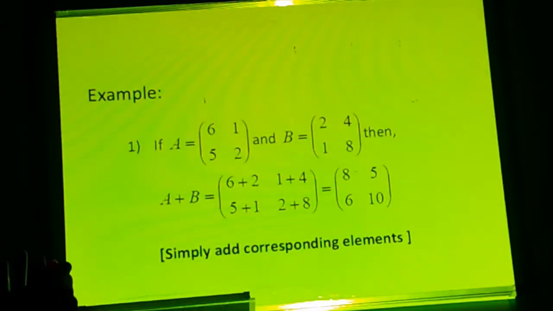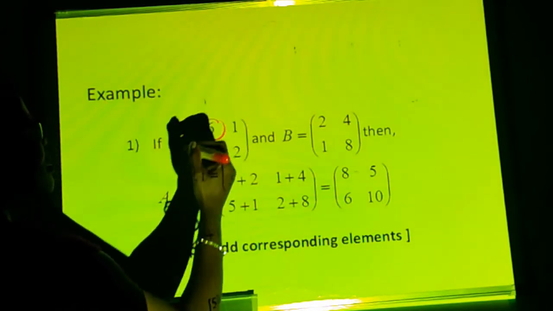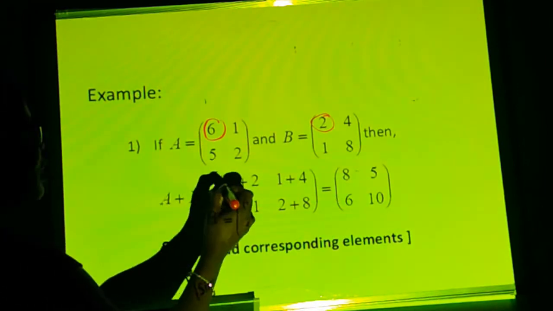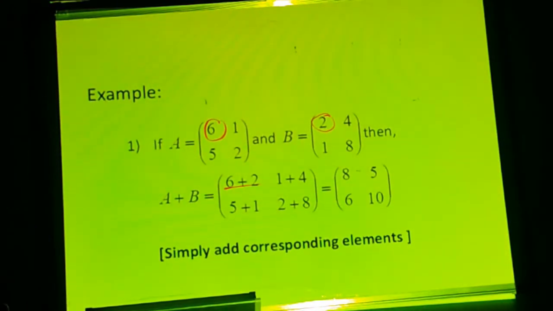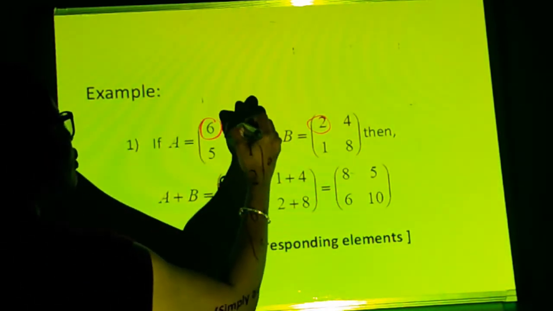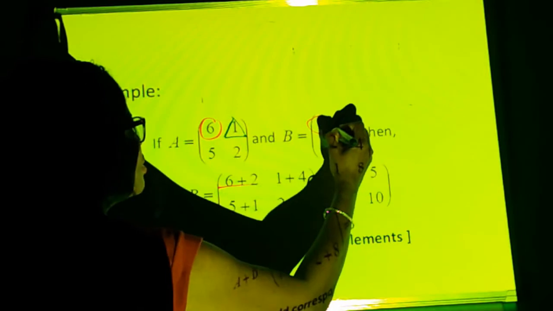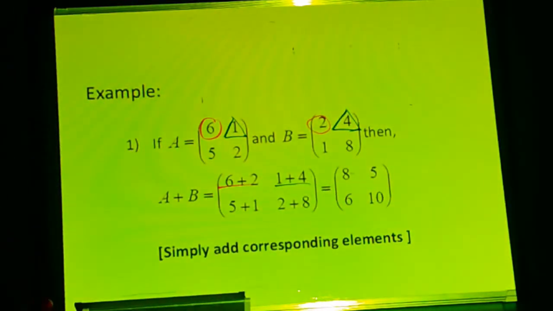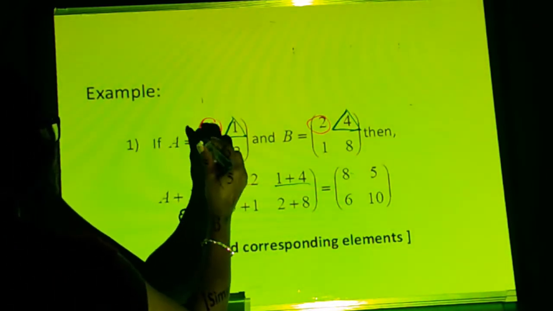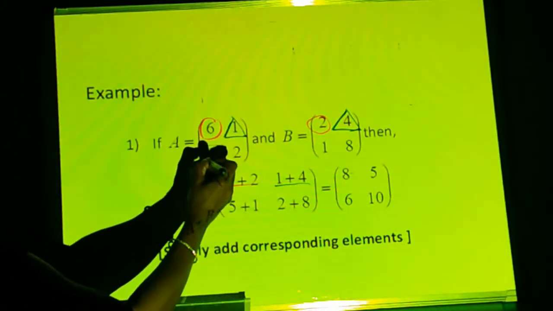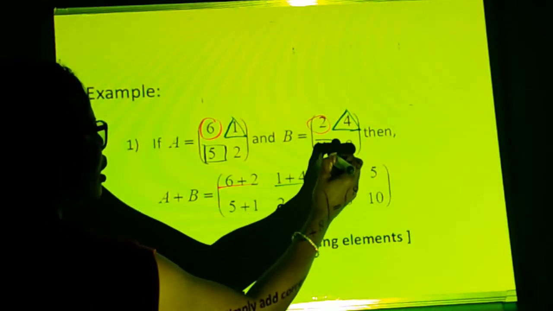So, this 6 is in the same position as this 2, so we add them together. That's how we get the first value there. We add 6 plus 2. This 1 is in the same position as this 4, so we add 1 plus 4. This 5, and I'll use a rectangle this time as a shape, is in the same position as that rectangle.